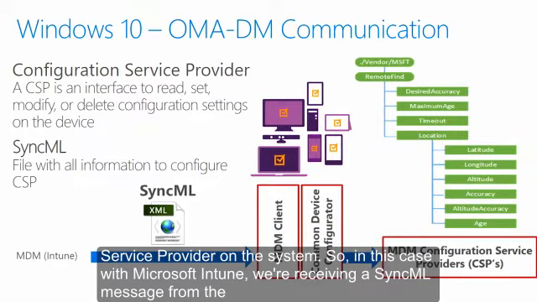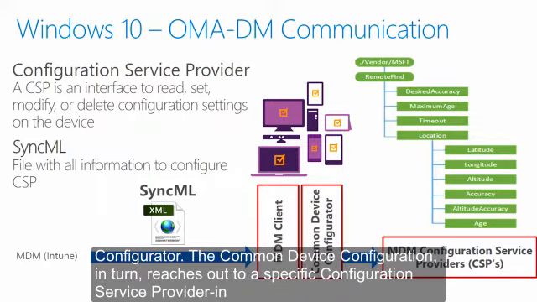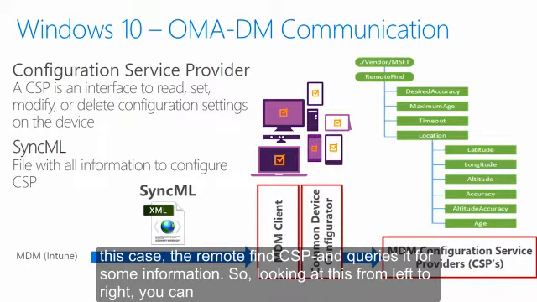So in this case with Microsoft Intune, we're receiving a SyncML message from the Intune portal, which is received through the mobile device management client and fed into the Common Device Configurator. The Common Device Configurator in turn reaches out to a specific configuration service provider, in this case the Remote Find CSP, and queries it for some information.